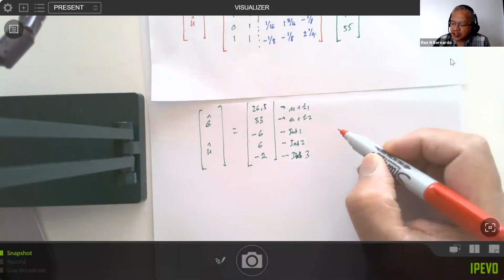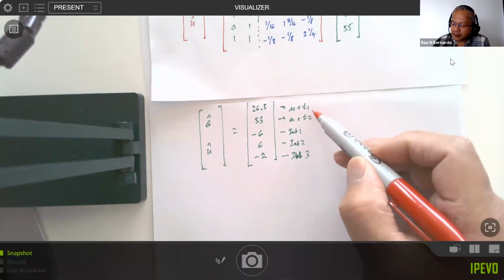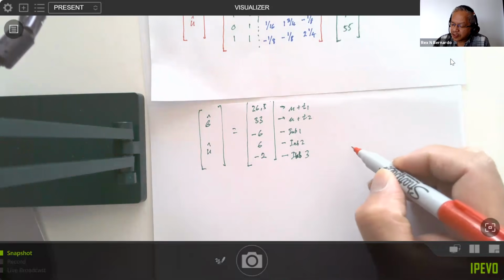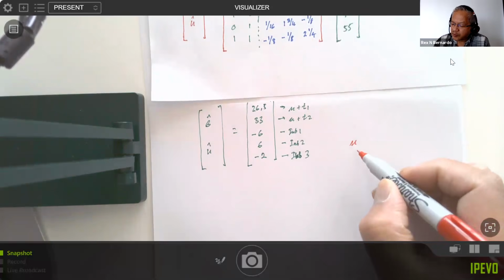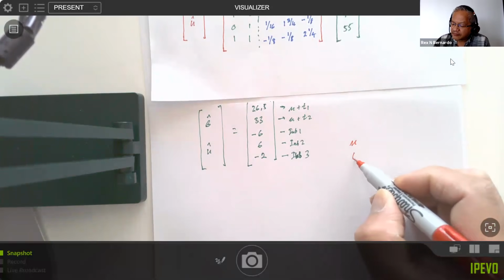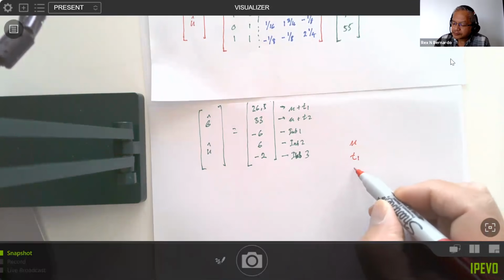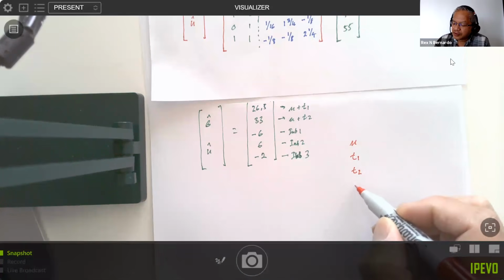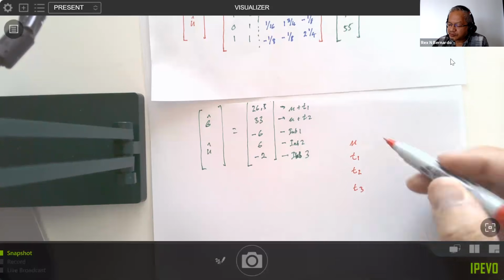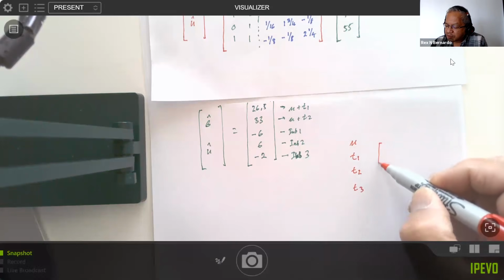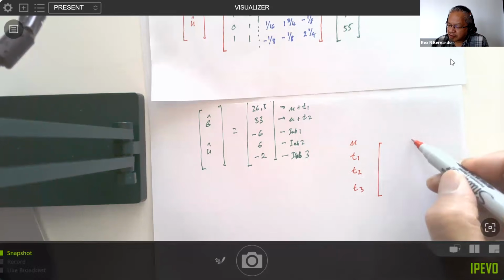Let me illustrate how that can happen. Let's say that we want to estimate the grand mean and the effect of set 1, the effect of set 2 and the effect of set 3, okay? We want to separately estimate the grand mean. The incidence matrix might look something like this.